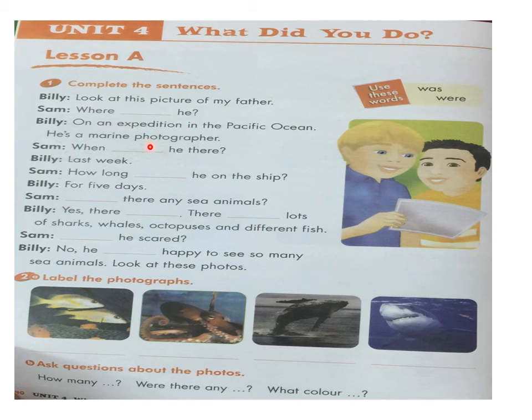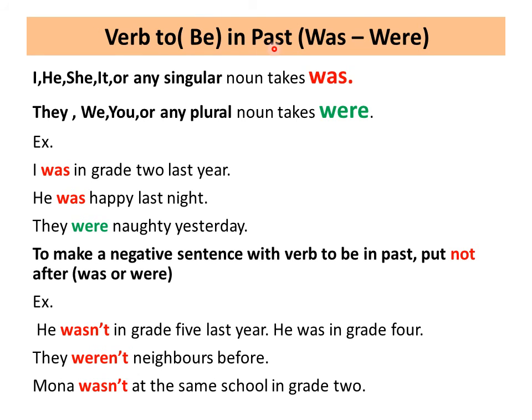Before we start this lesson A, let's learn together when we use was and when we use were. Verb to be in past consists of what? Was or were. We said in present it consists of what? Am, is, and are.